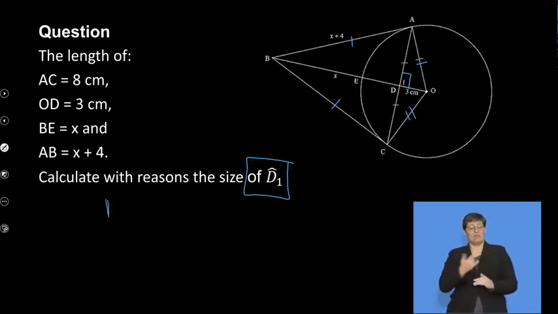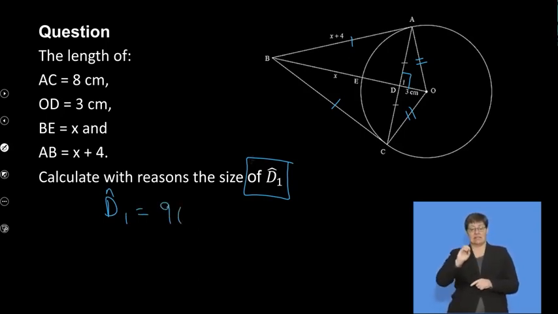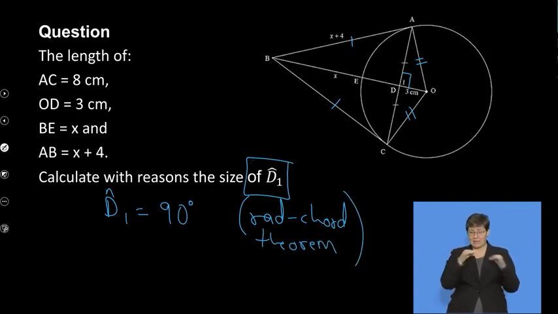So I will then say D1 is equal to 90 degrees, and my reason for this will be the radius chord theorem. But to write it in great detail, you would say line passing through the midpoint of a chord, or radius passing through the midpoint of the chord.